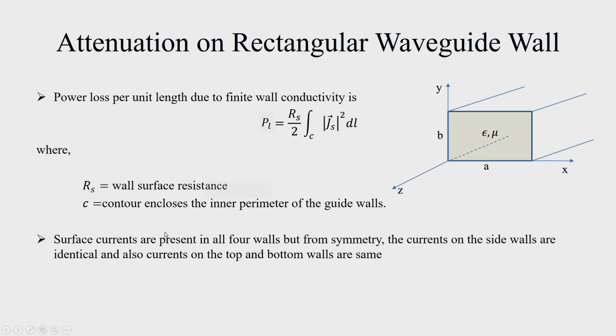The surface currents will be present on all four walls, but from symmetry the currents on the side walls will be identical, and similarly the currents on the top and bottom walls will have the same magnitude. Therefore, since we are evaluating |Js| squared, we can evaluate it on only two walls and multiply this by 2.